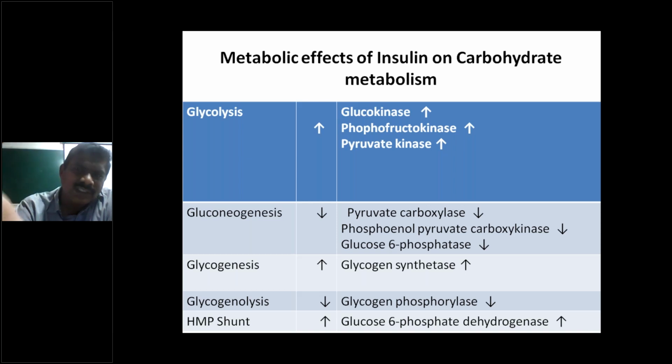How is it sped up? Because the levels of glucokinase, phosphofructokinase, and pyruvate kinase, the key enzymes, rise. Again, under the influence of insulin, gluconeogenesis shuts off, because the levels of pyruvate carboxylase, phosphoenolpyruvate carboxykinase, and glucose 6 phosphatase decrease. Glycogenesis increases, and the glycogen synthase enzyme, the key enzyme in glycogenesis, is elevated.